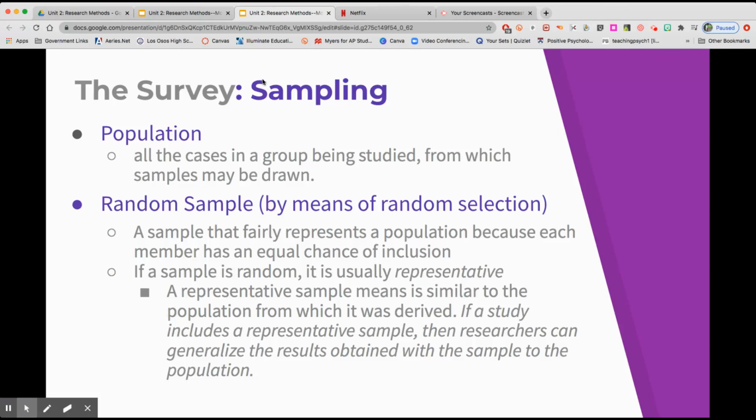Okay. In order to be able to generalize my results, my goal is always to get a random sample by means of random selection. And what that means is that everyone in the population has an equal chance of being chosen or being included in that survey or that research.